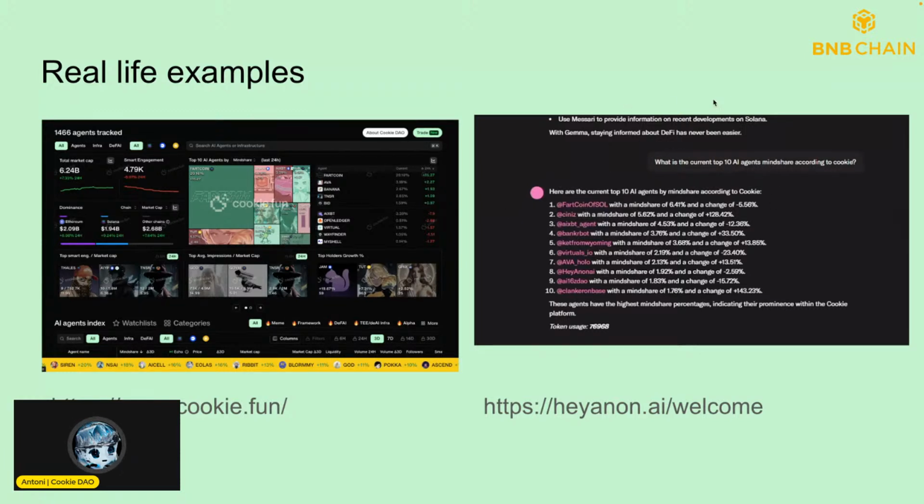They integrated the social data layer. So if someone asks what is the current top 10 AI agents mindshare according to Cookie, they have data straight away. They can ask a follow-up question, like what are the top KOLs that are following Fartcoin? Or what's the activity of KOLs around the AIXBT agent? And based on that, they can decide to invest or not.